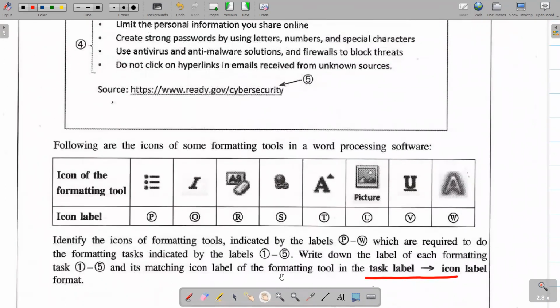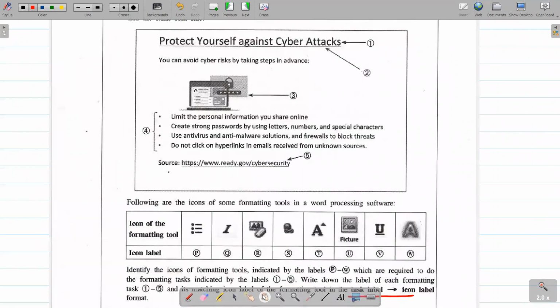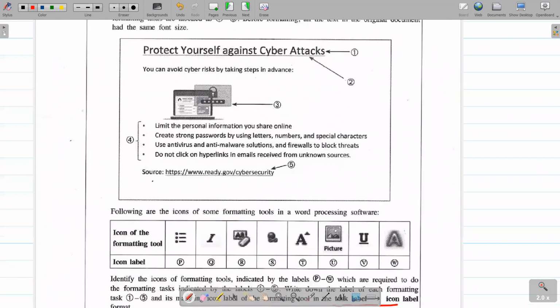Right, so let's see. The first one, the task label, is related to being bold or having bigger fonts. Bold is not here, so this is going to be T, increase in the font size.